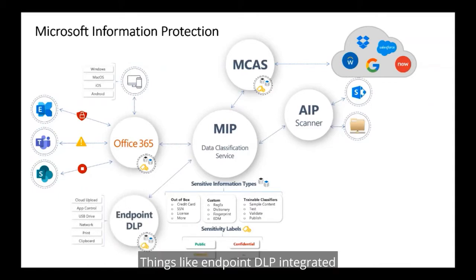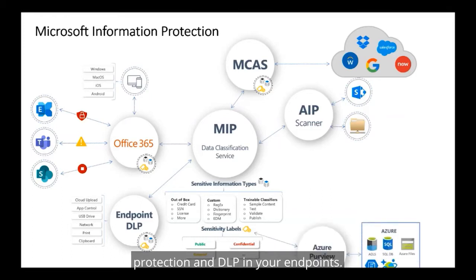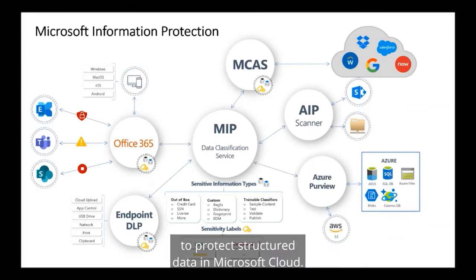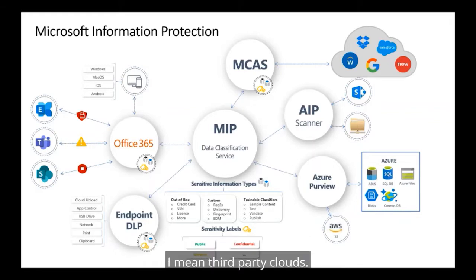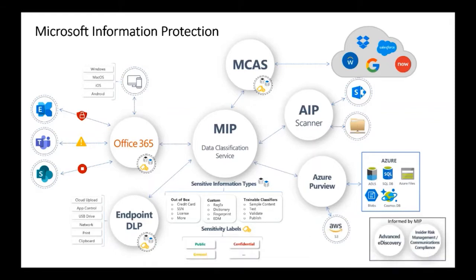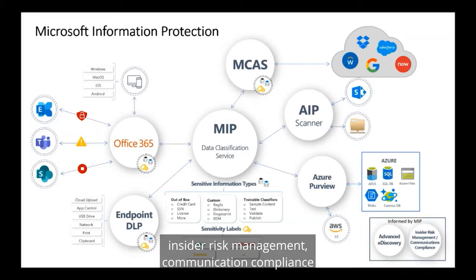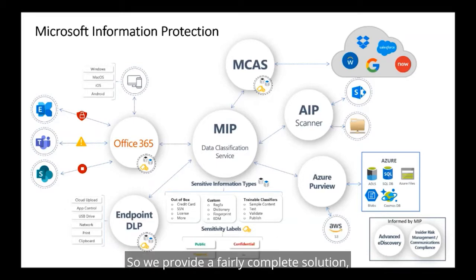Things like endpoint DLP integrated with MIP, so you get the best of labeling, protection, and DLP in your endpoints. The newcomer to this, Azure Purview, to protect structured data in Microsoft Cloud and in third-party clouds. And integration with both Microsoft and third-party applications and services such as advanced discovery, insider risk management, communication compliance, and many more things. So we provide a fairly complete solution.